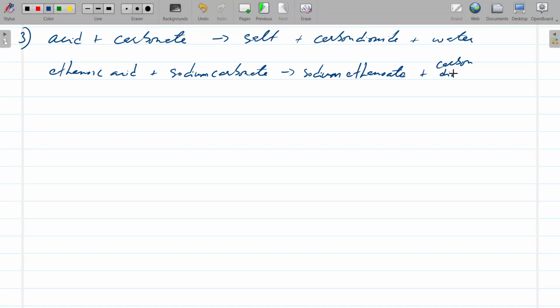But we don't have oxygen over here. Then how are we getting carbon dioxide? Not from the atmosphere, but from the carbonate. This is Na2CO3.